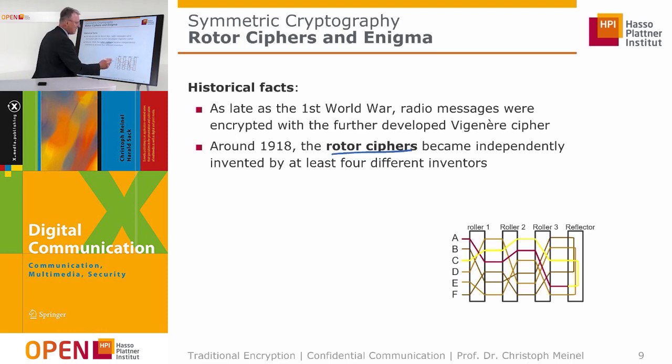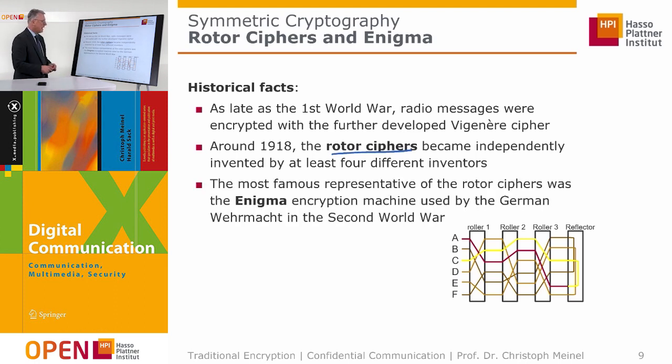For example, when we put C into the first rotor, we get a B. Then the B is moved by the next rotor to an A, and then the A is changed into a D. So if we use more such rotors, we can generate very different and very difficult encryptions, difficult for cryptanalysts.